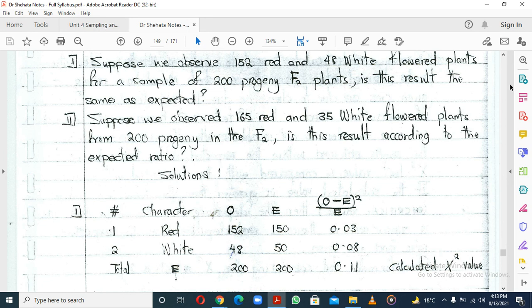Because the formula is the sum of these, you add those and get 0.11. So that's your calculated chi-squared value. Now we have to go to that lovely table of ours and see whether this value is less or greater than the tabulated value.